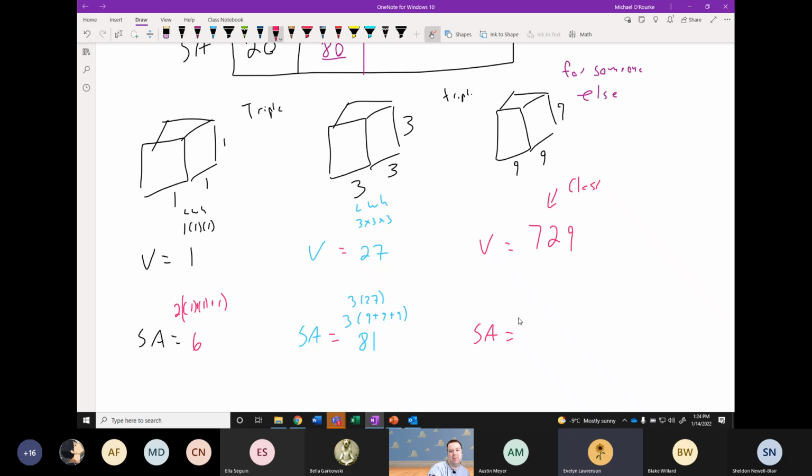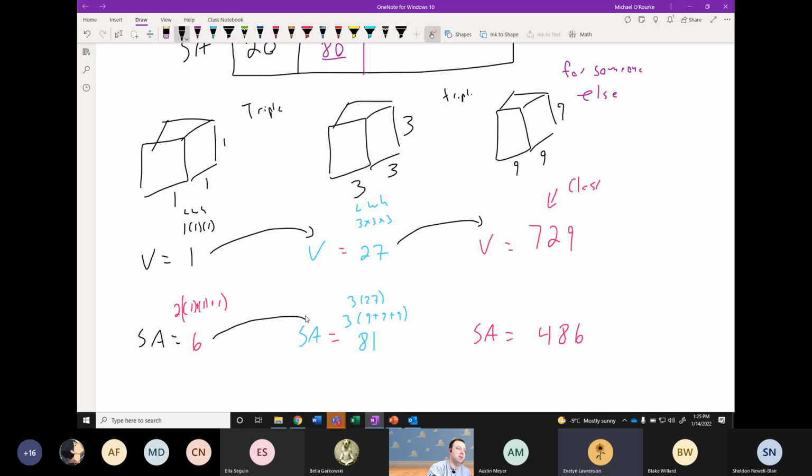And what's the surface area? 486. Yep. Nope. Get times it by 2. Good job, Siva. Okay, what's our multiple this time?